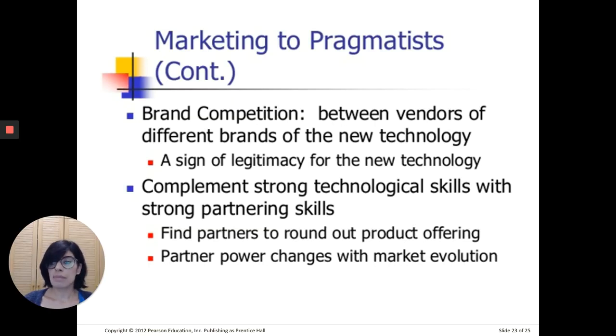So find affiliates and partners that will market your product, whether they are just resellers or whether they are providers of similar complementary products to yours. And partner power changes with market evolution, so that the more complementary products and partners you partner with, the market will start evolving, hopefully in your favor.